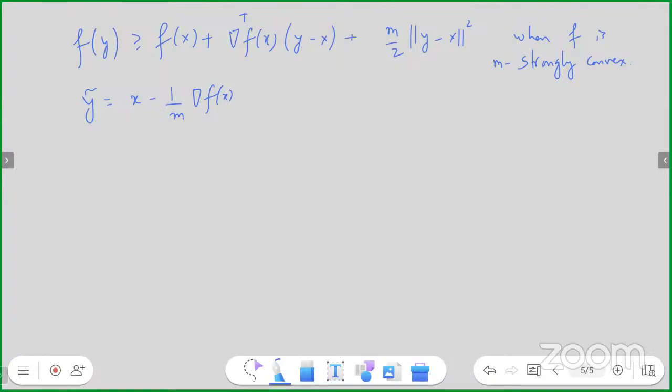This is true for all y, right? So this is also true for this quantity. What will you get?